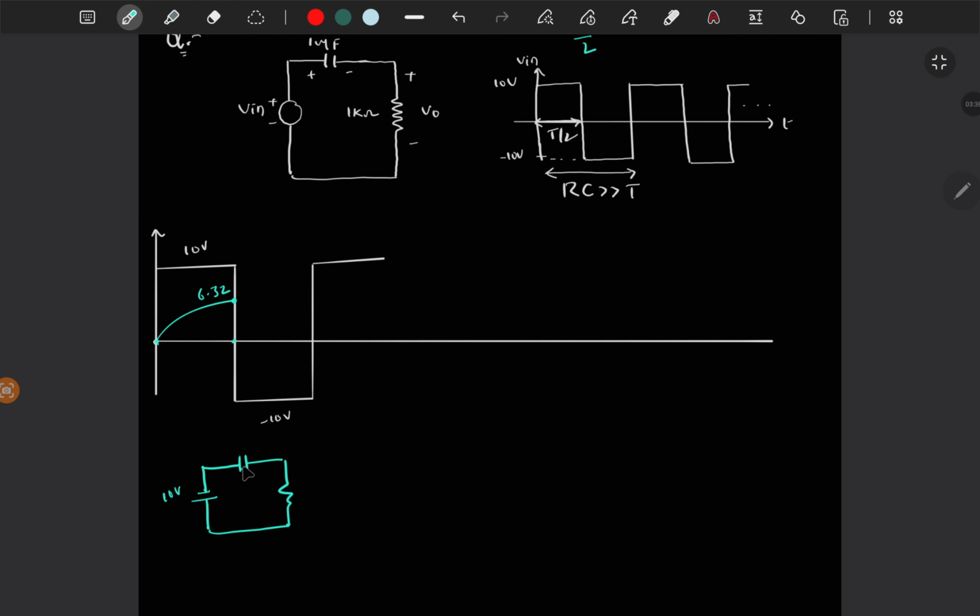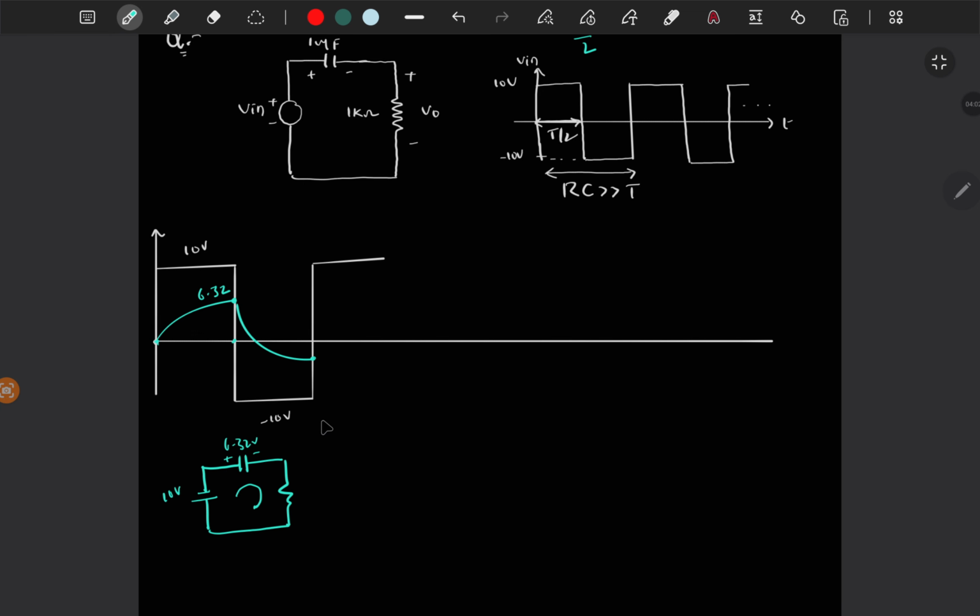Now for this circuit, the initial voltage is 6.32 volt, and it may reach some other value if you wait for another half of the time period. I'm assuming it will go to some negative value. That depends on the time constant of the circuit.